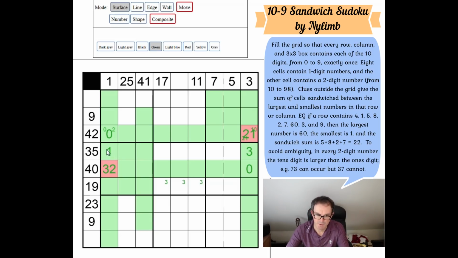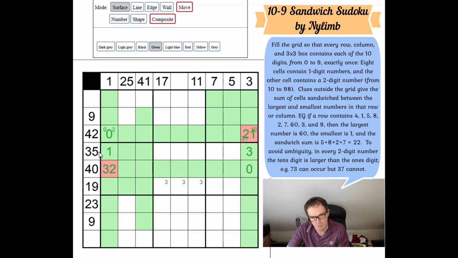Yeah, the 35 clue. What is the minimum number of cells I could make 35 with? It would be 5. 5, 6, 7, 8 and 9 sum to 35.